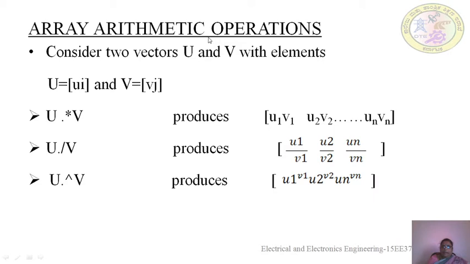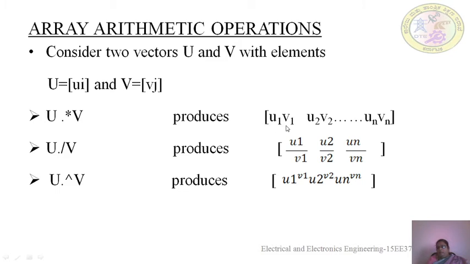So even we can perform the arithmetical operations on the vectors. So we are having here u and v, the two vectors. So for the vectors also the array arithmetic operations are possible. So u dot multiplication symbol v will multiply element by element.